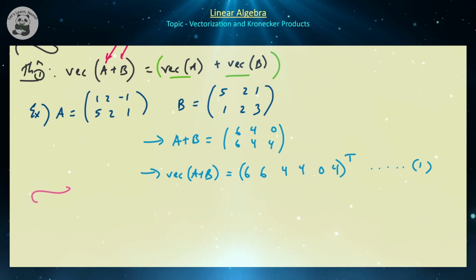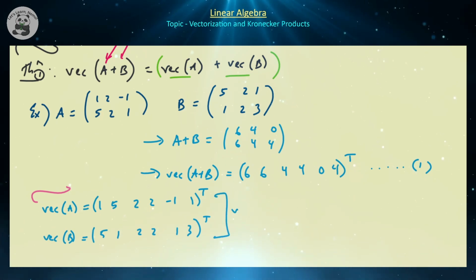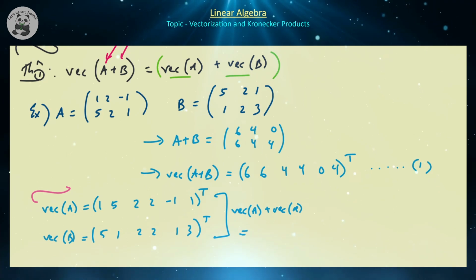So the other side is going to be what? The vectorization of A is going to be equal to 1, 5, 2, 2, minus 1, 1, transpose. The vectorization of B is going to be equal to 5, 1, 2, 2, 1, 3, transpose. And then from these, the vectorization of A plus the vectorization of B is going to be equal to, and when we write it as a row vector or the transpose of a column vector, it's actually very easy to see what's going on here, I think.